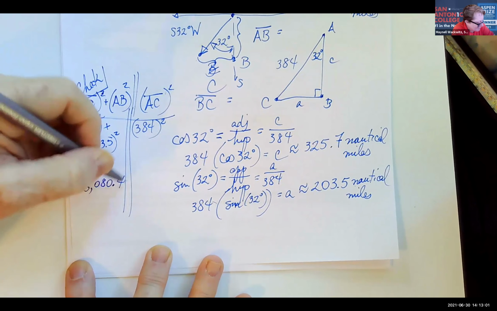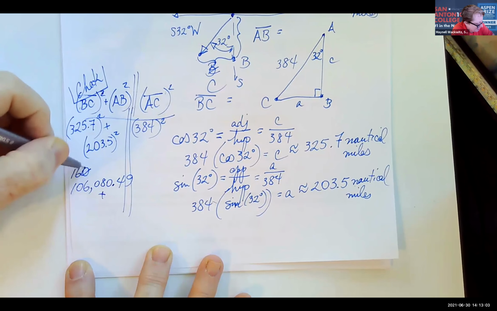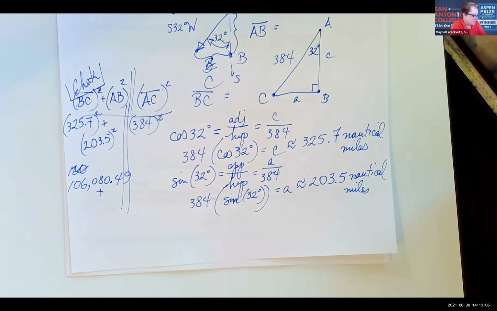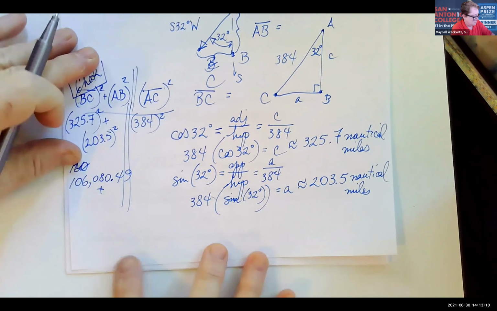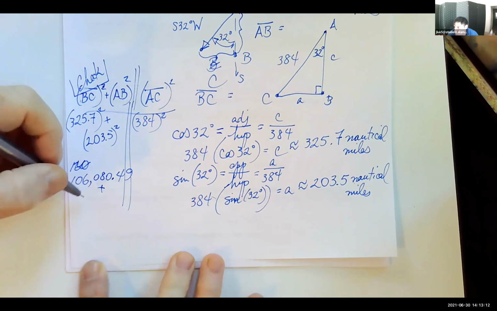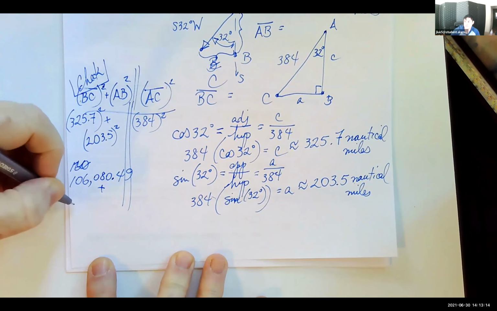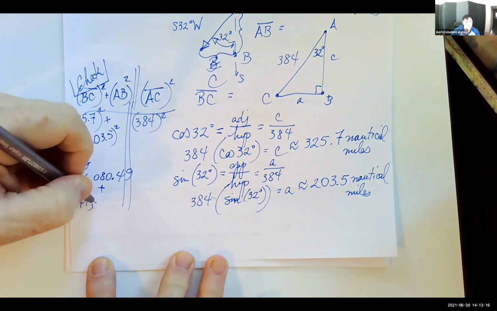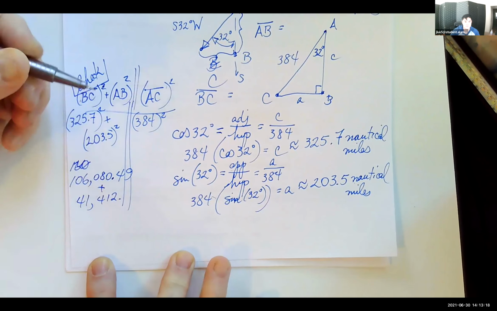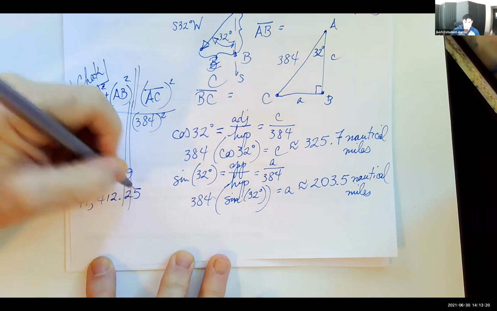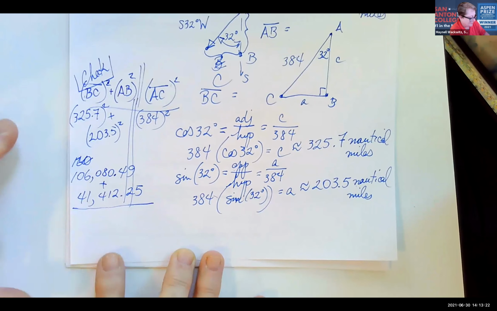Yes. All right. And then we're adding. What is 203.5 squared? That would be 41,412.25. All right. And what do we get?